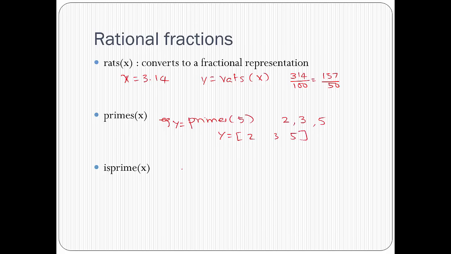Isprime of x is a query that answers whether or not the number x is a prime number. So if you say y is equal to isprime of 5, it will return 1 if x is prime and 0 if x is not a prime number.